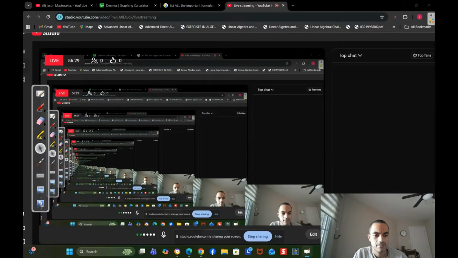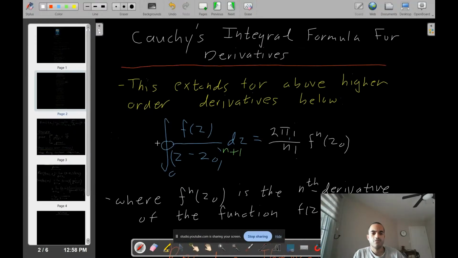All right, let's continue. Next we're going to be looking at Cauchy's integral formula for derivatives. It extends the formula and is used for higher order derivatives. It looks just like what we have above, except we have the n plus 1 as an exponent.